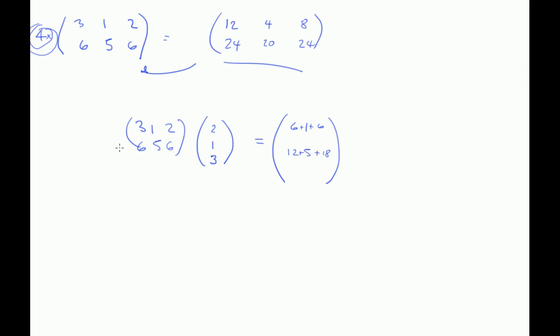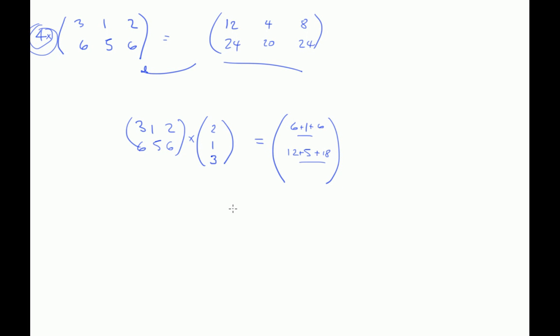So then we go on to the second row and multiply each individual element of that row by its corresponding element in the column of our second matrix, and that gives us our second row.